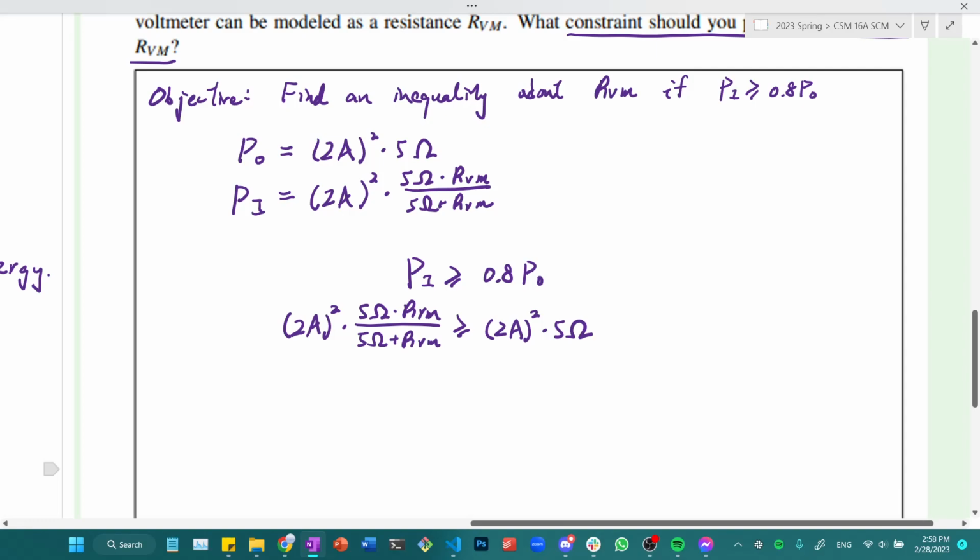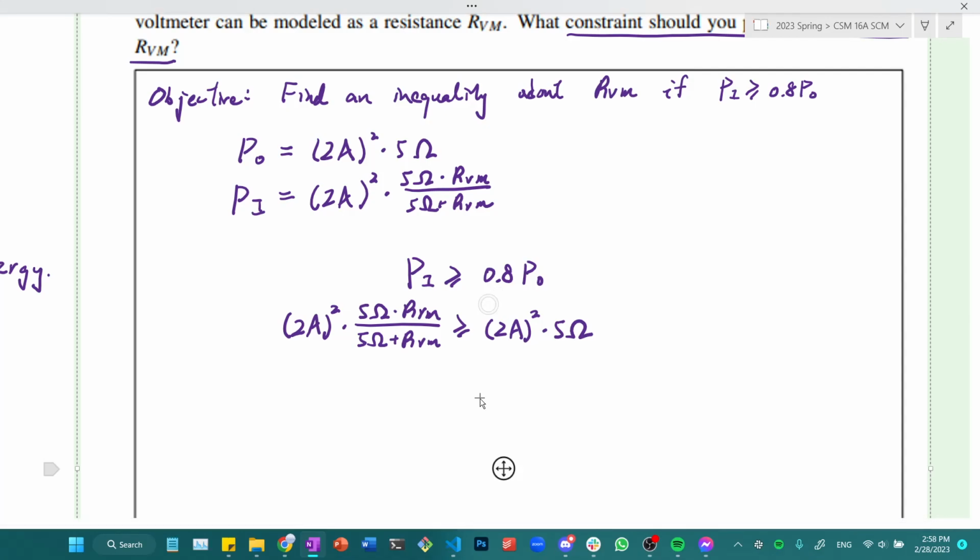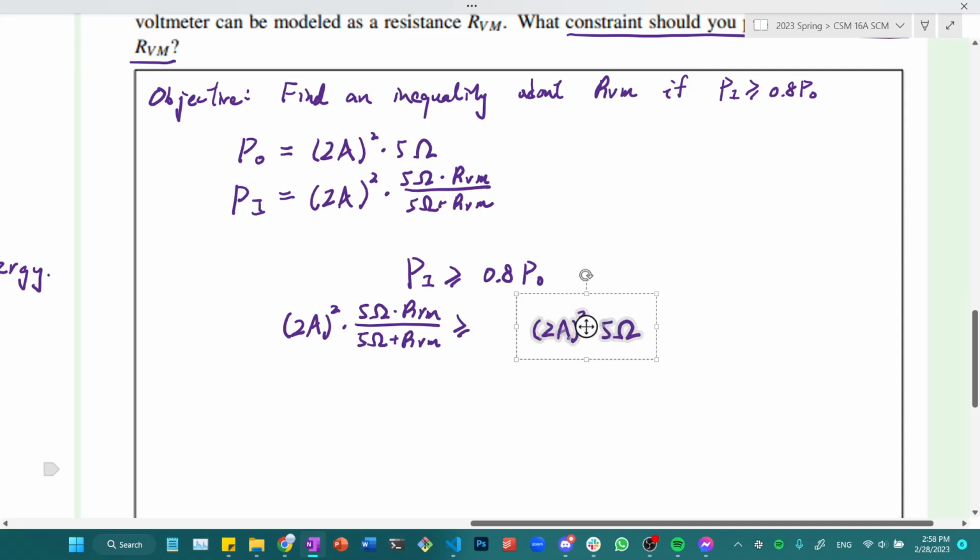I have 2 amperes squared on both sides, so I'm going to cross that off. I'm also going to multiply both sides of the inequality by 5 ohms plus RVM, so it's easier to deal with things. Keep in mind that there's a 0.8 here. So 0.8 times 5 ohms is equal to 4 ohms.